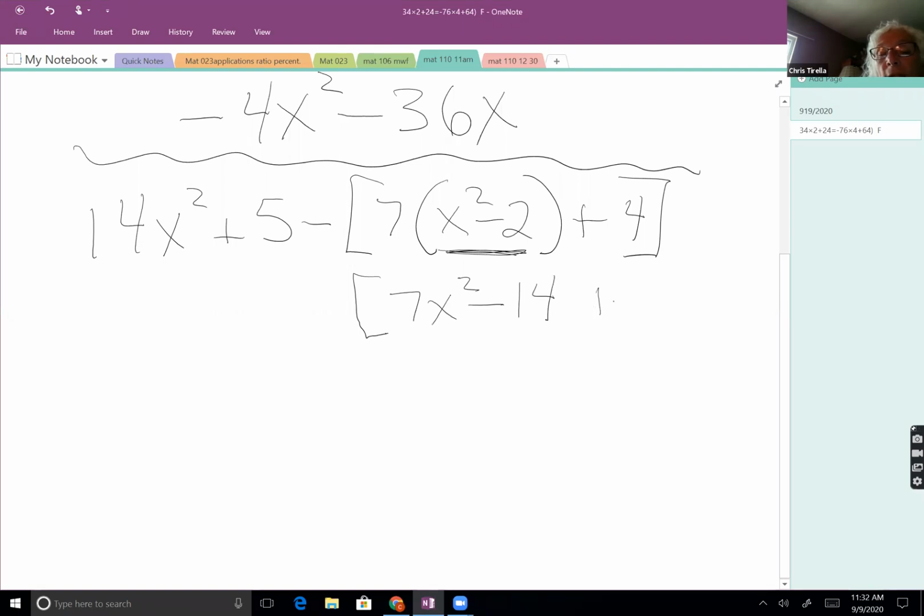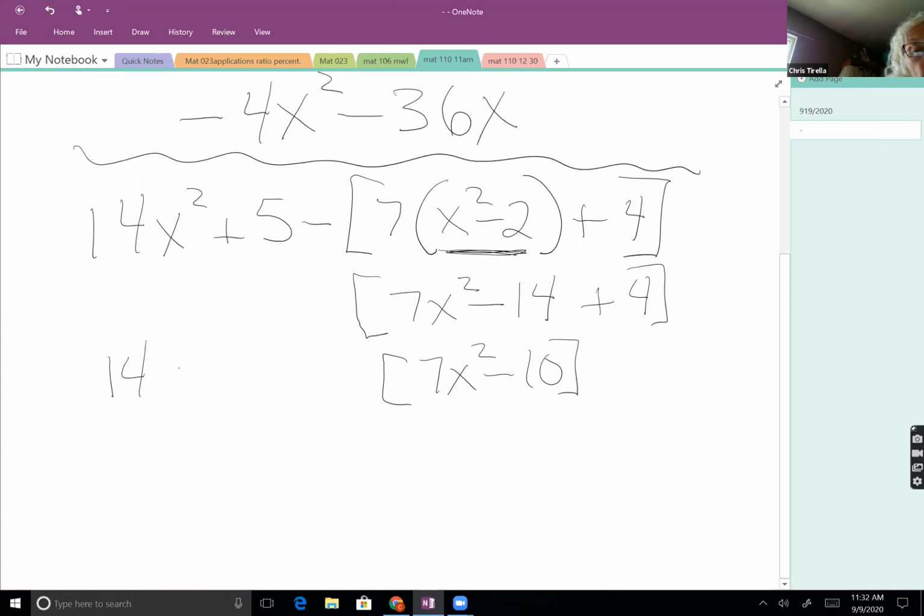And now I've still got the plus 4. For just a minute, I'm going to focus inside there. Is there anything I can combine in there? The negative 14 and the 4. What does that give us? Negative 10. I almost said positive 10. 7x squared minus 10.